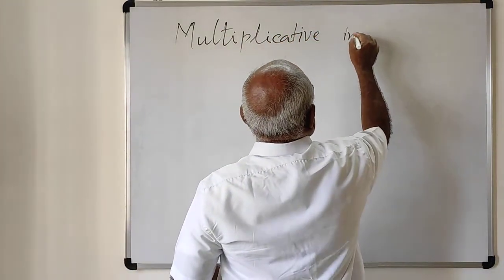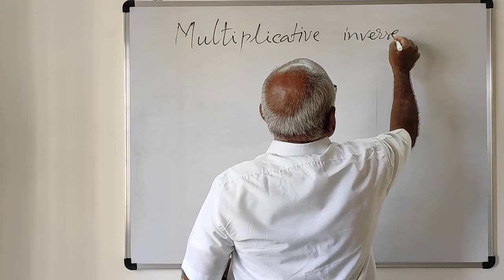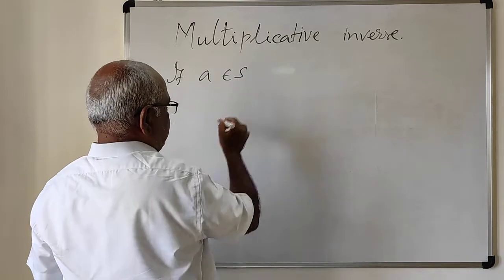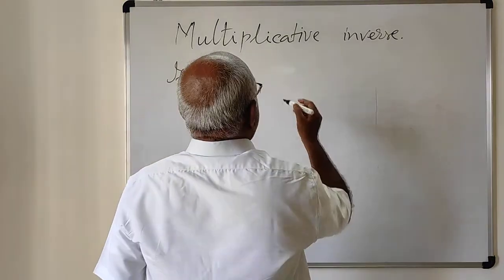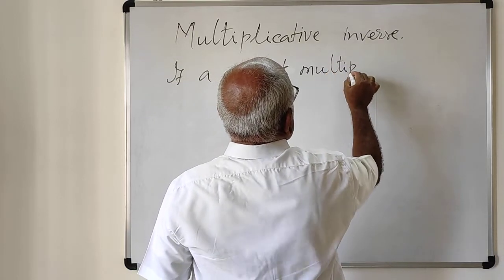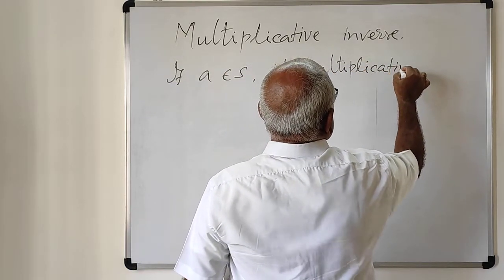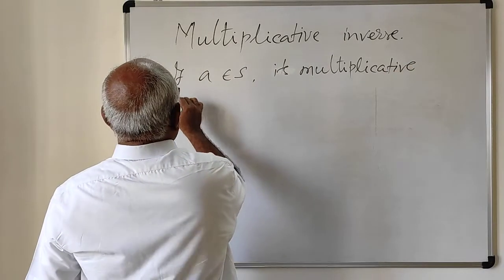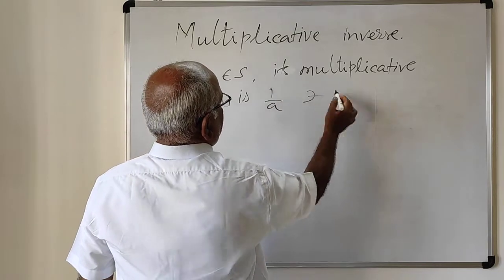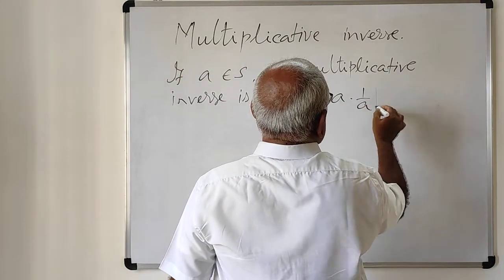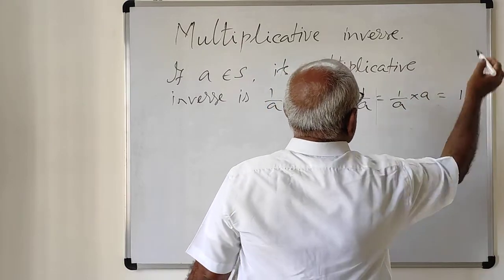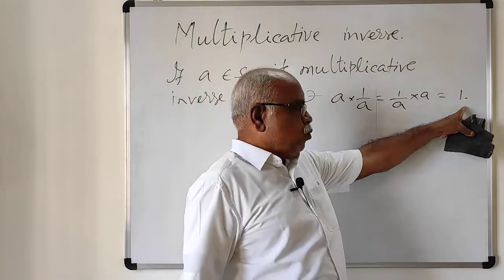Multiplicative inverse. If A is any element in the set S, its multiplicative inverse is 1 by A, such that A into 1 by A equals 1 by A into A equals the multiplicative identity 1.